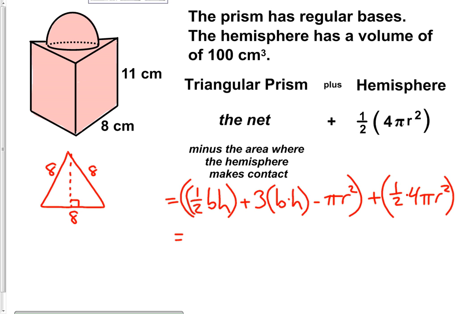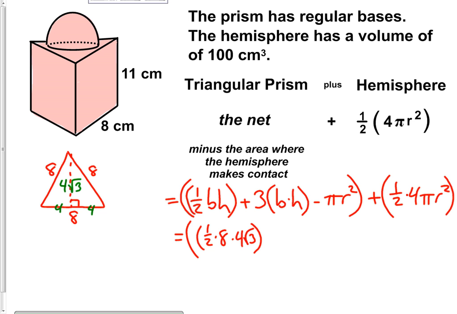You can absolutely do Pythagorean theorem from there, or you can simply memorize the 30, 60, 90 triangles, which means the long leg is going to be whatever the short leg is times the square root of 3. So that's kind of getting to be old news by now. So let's plug in our information here. 1/2 times the base of the base is 8 times the height of the base is 4 root 3. And again, I'm not going to change that radical into a decimal point just yet.